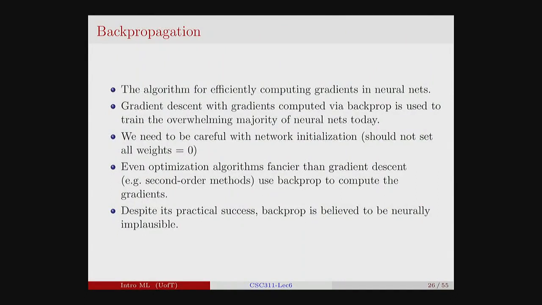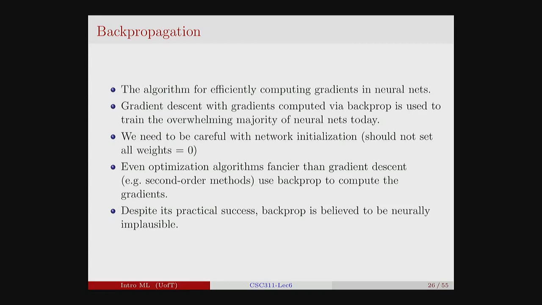And so this algorithm allows us to efficiently and, most importantly, exactly compute gradients in neural networks, because nothing that I've shown you in the last hour is an approximation. We are calculating the exact values of the derivatives using this combination of the forward pass and the backward pass.